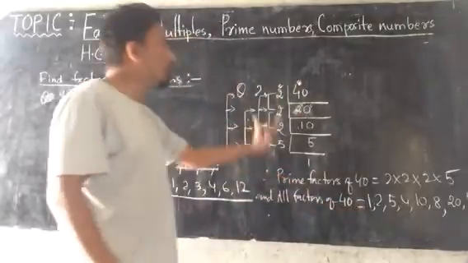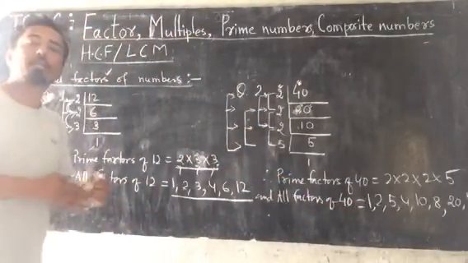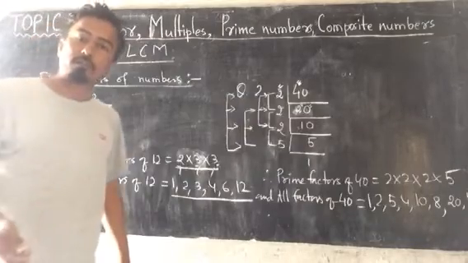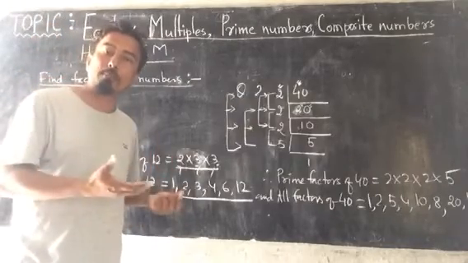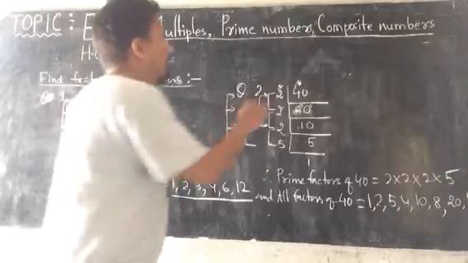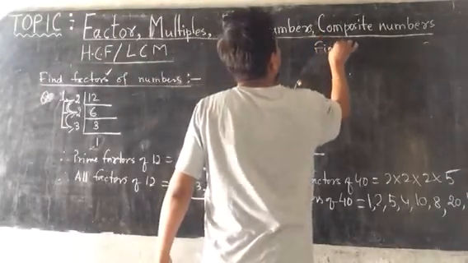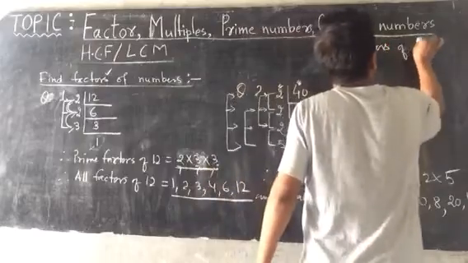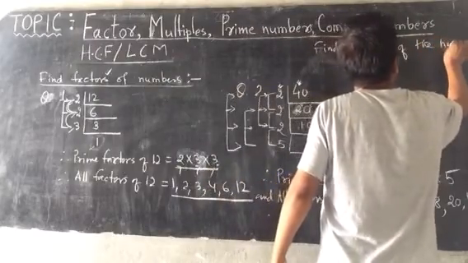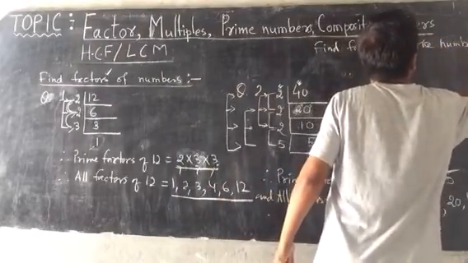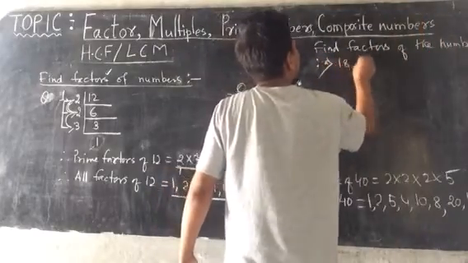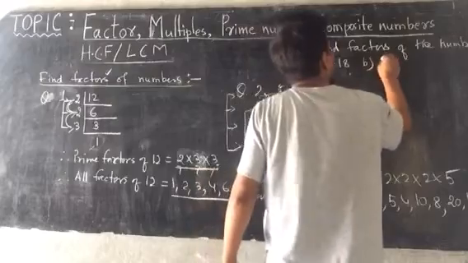Okay? This is how we find the factors of any number, how to find the prime factors, how to find the composite factors. You try with different examples. I will give you some examples also. Find factors of the number. You have to try this. Number 1, 80. Number 2, 20.